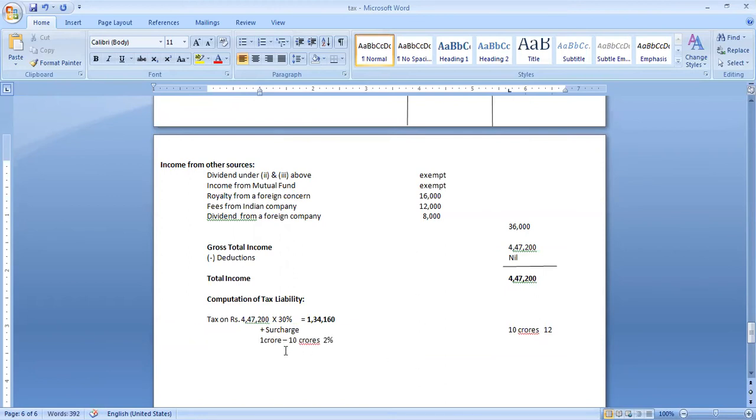Is it clear? Suppose a foreign company's net income is more than 10 crores, then in all such cases, it has to pay a surcharge of 5%.